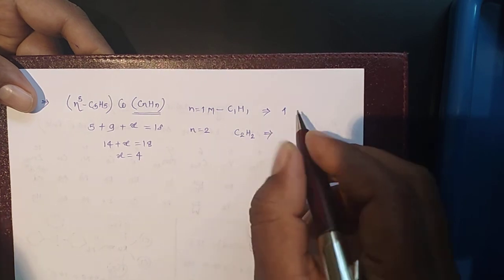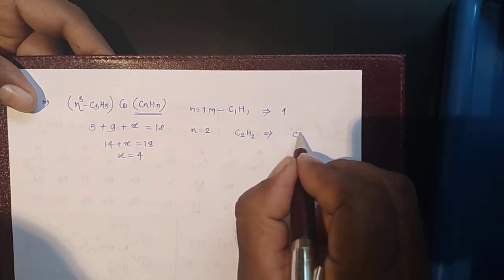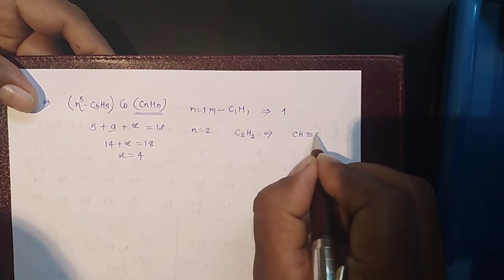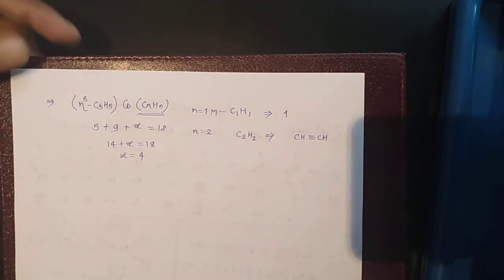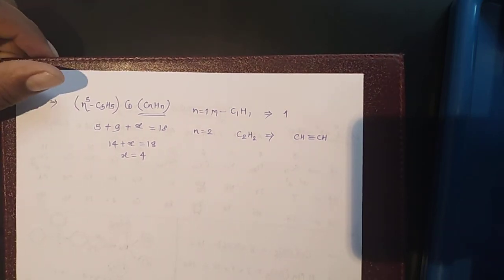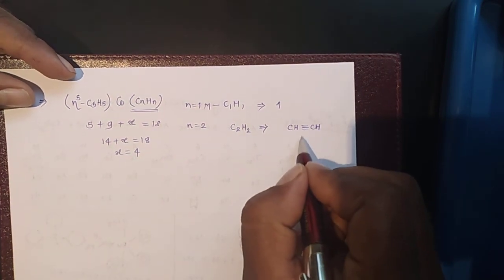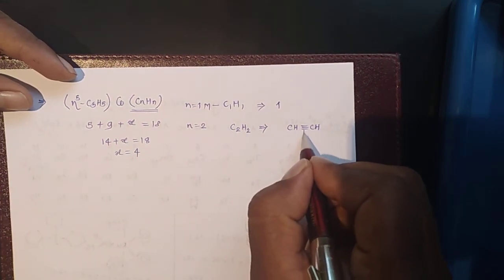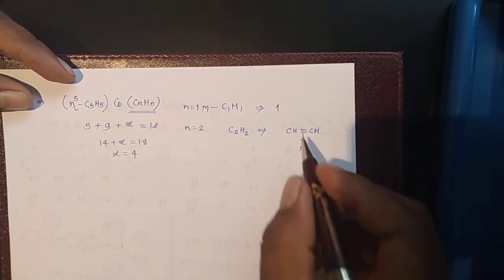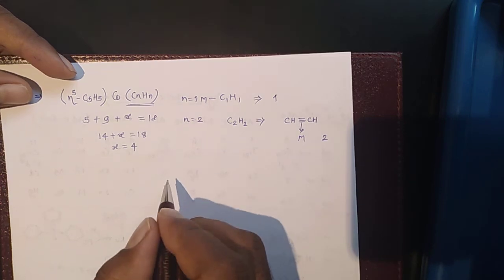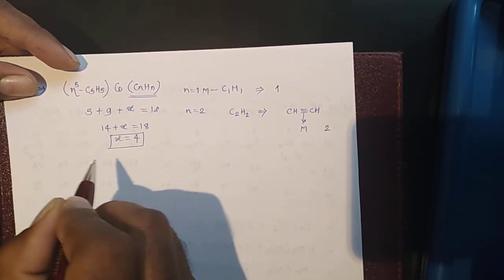How can we write C2H2? Like this, C triple bond CH. Then how many electrons will it provide to the metal? Maximum 2 electrons.